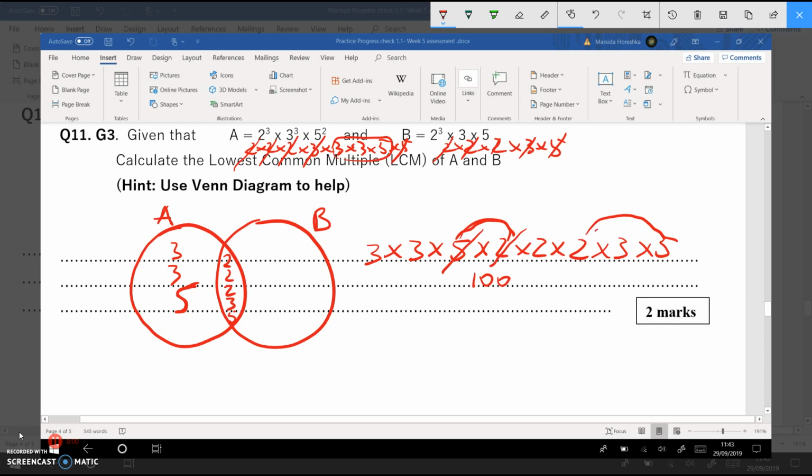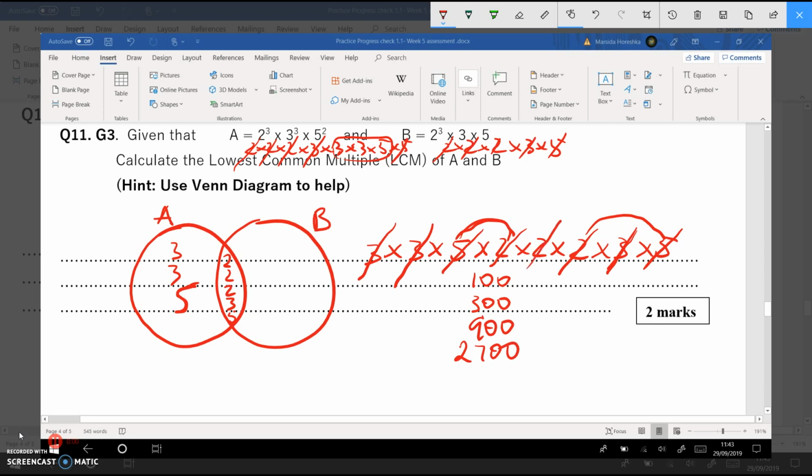So we've done these. Then we can do times 3, so that makes it 300. 300 times 3 makes 900. Times 3, 2,700.